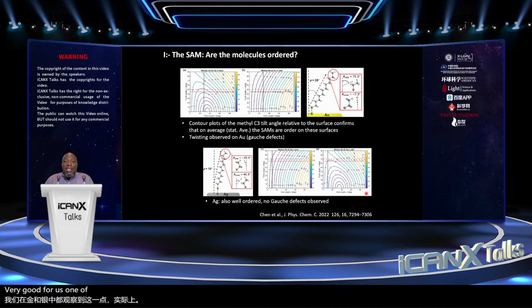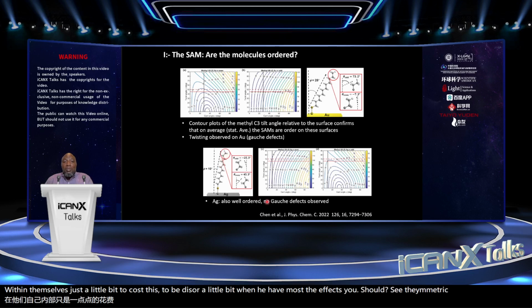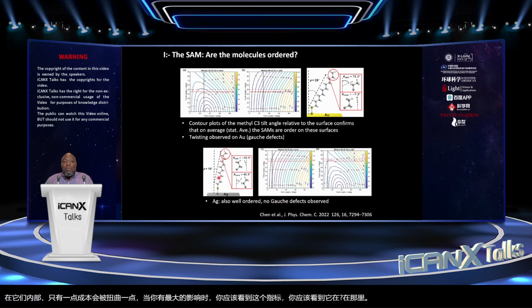One of the things that we could not observe with the droplets that we observed in the SFG is this idea of gauche rotation. Gauche rotations are when these molecules twist within themselves just a little bit to cause this to be distorted a little bit. When you have gauche defects, you should see that manifested in the CH2 signal of the SFG.